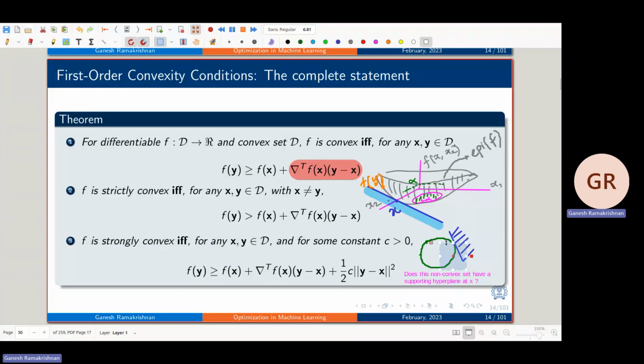You can consider this to be a point where the interior is empty. Does it have a supporting hyperplane? No. So it's somewhat intuitive that the notion of supporting hyperplane is very closely tied with convexity and gradients.